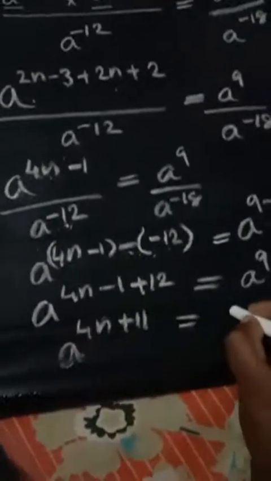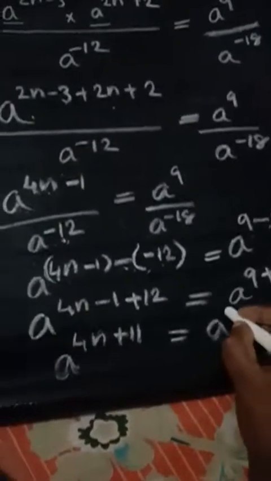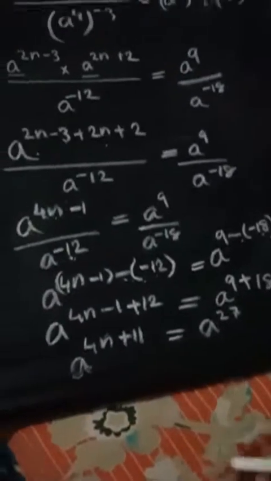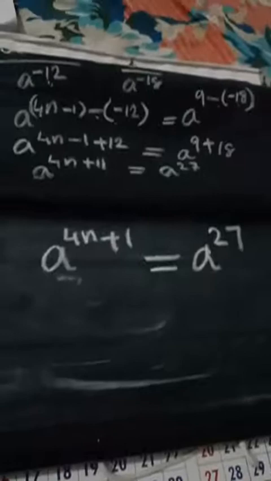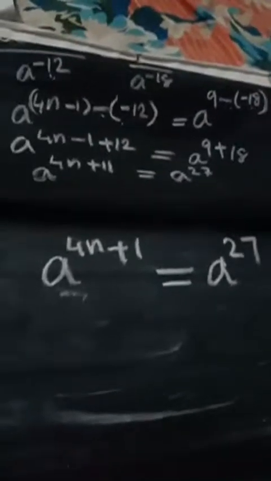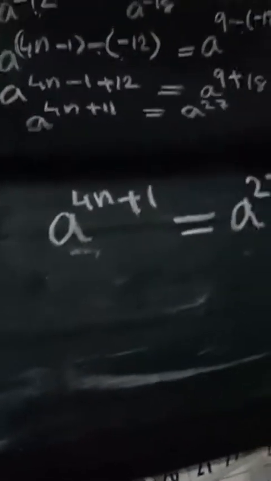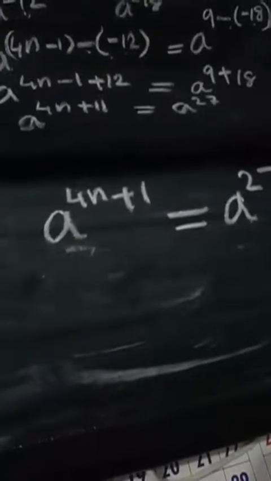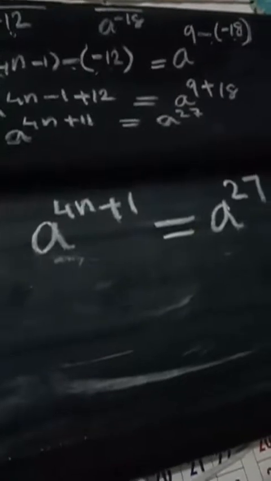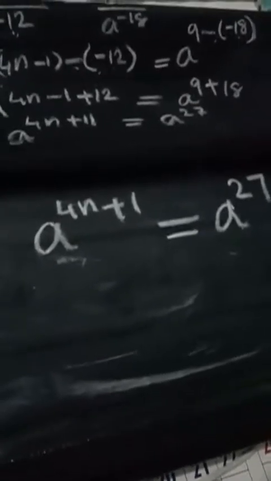And 9 plus 18 is 27. Now see, we got a^(4n+11) equal to a^27. Here a, here also a, both bases are equal on RHS and LHS, so you just compare the powers.